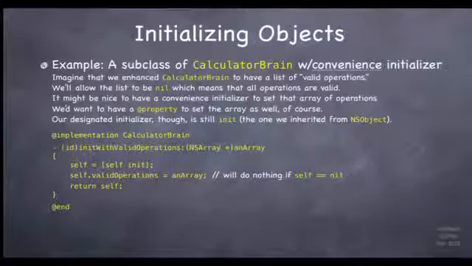Self equals self init. Kind of weird. But init is our designated initializer. Now, we may or may not have an implementation of init, but we certainly inherit one from NSObject because it's NSObject's designated initializer. Right? And then we can use a property or something to set our valid operations to the array.